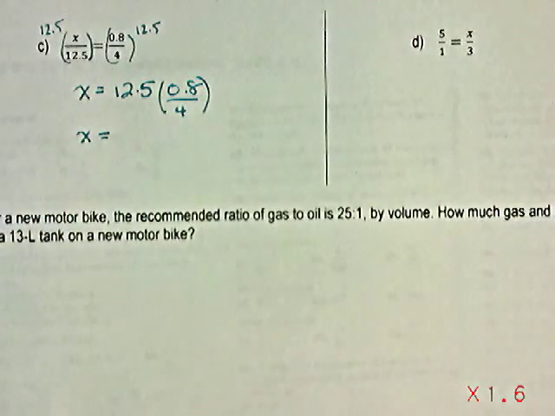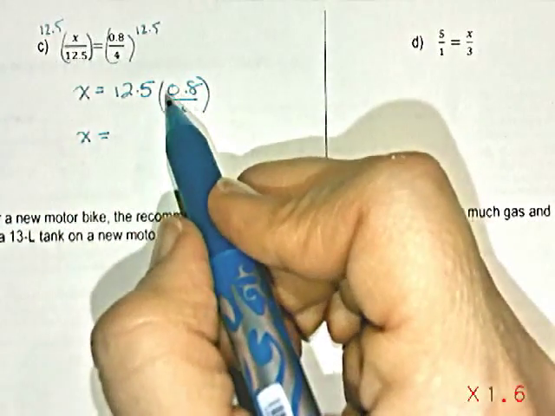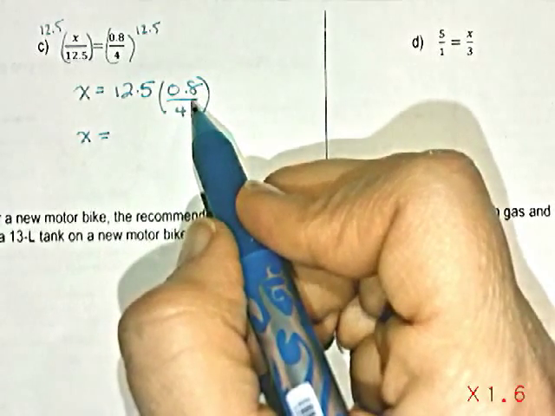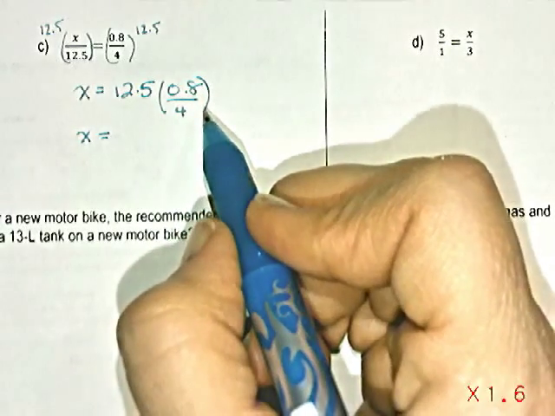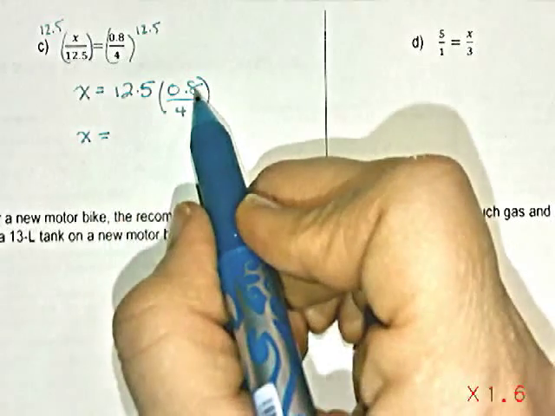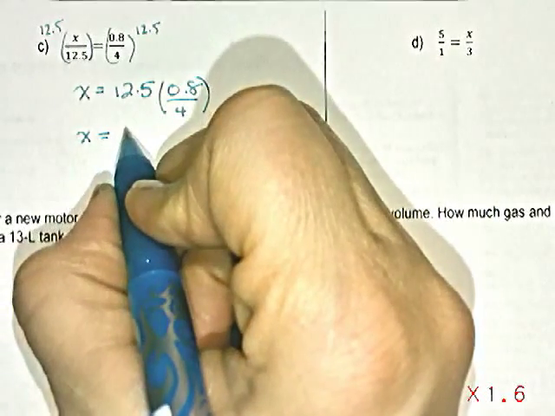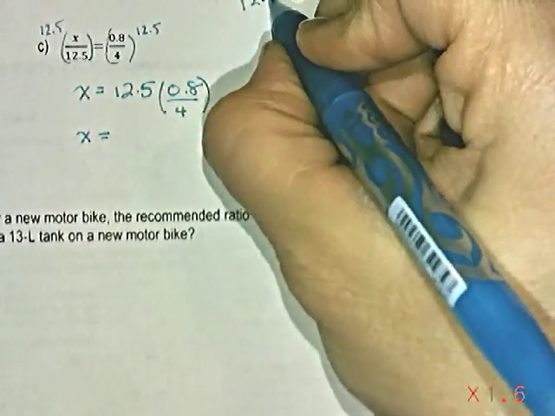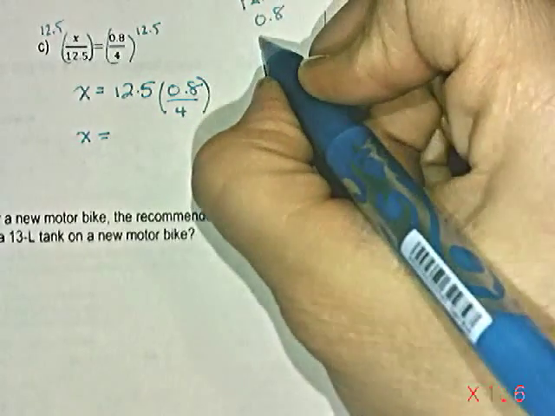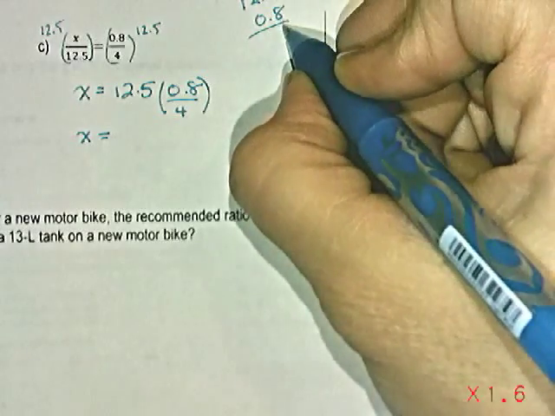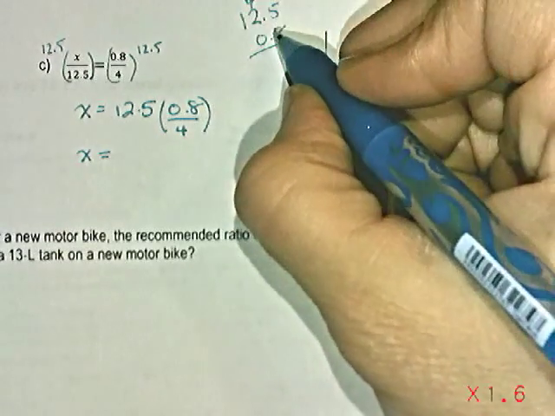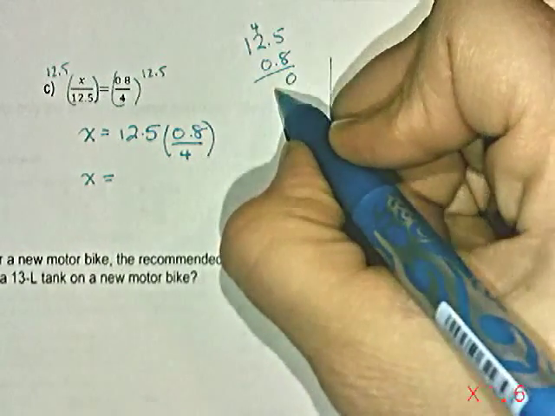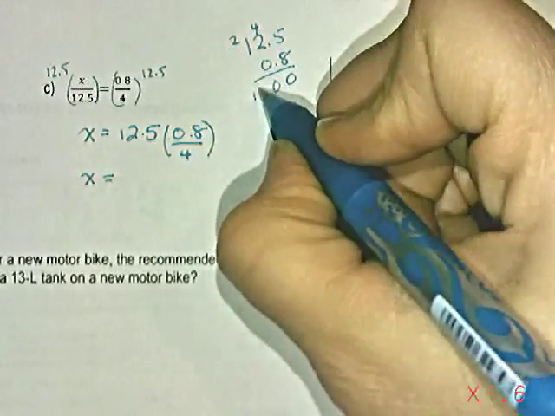And when I do that, my 12.5 times my 0.8 over 4, 12.5 times 0.8, that works out to 10. We could do that in long multiplication, don't forget that. 8 times 5 would be 40, 2 times 8 would be 16, and 4 more would be 20, and another 10.